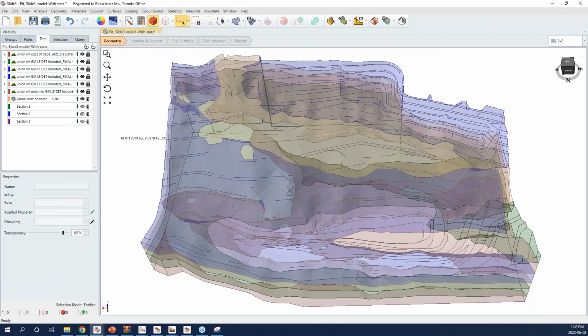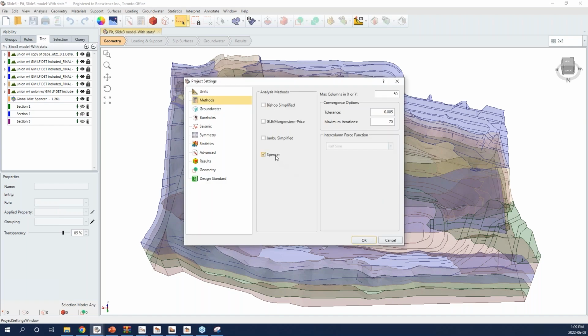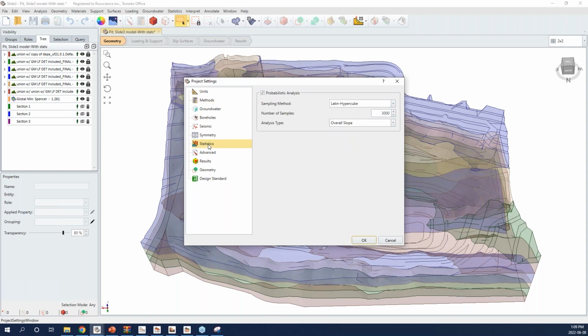In this example, I just want to show you how to set up probabilistic analysis. So we go to project settings. The method that I use is Spencer, and we go to the statistics menu, and you can see that the probabilistic option is turned on. For the sampling methods, we have Monte Carlo, Latin hypercube, and response surface.